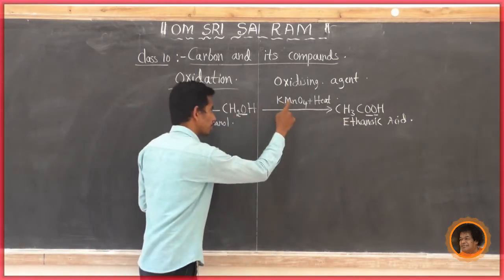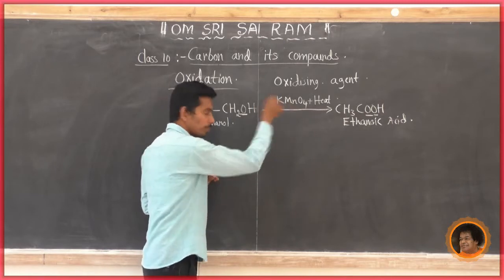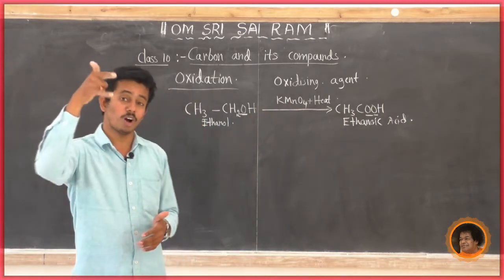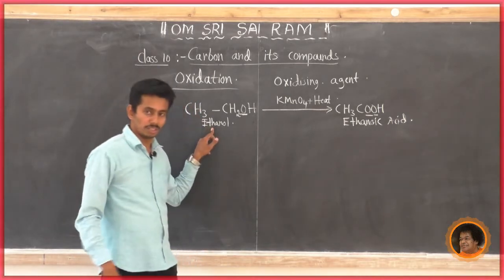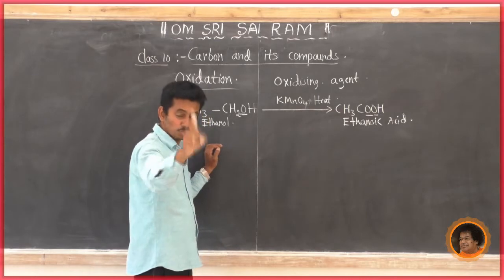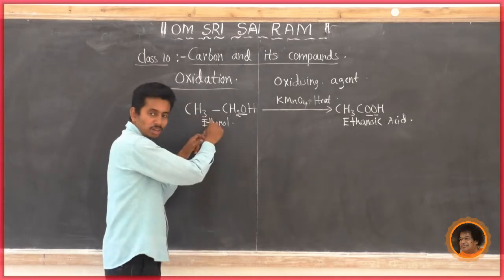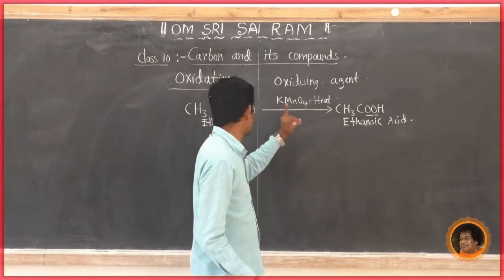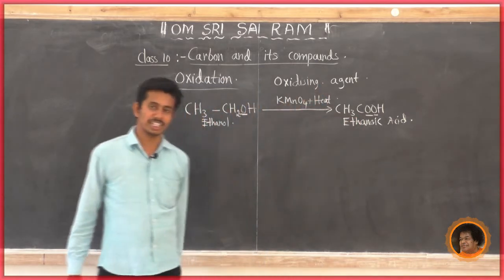Because of this potassium permanganate, which is capable of adding oxygen to this ethanol. It means potassium permanganate adds one oxygen to this ethanol and it becomes ethanoic acid. So potassium permanganate is called an oxidizing agent.